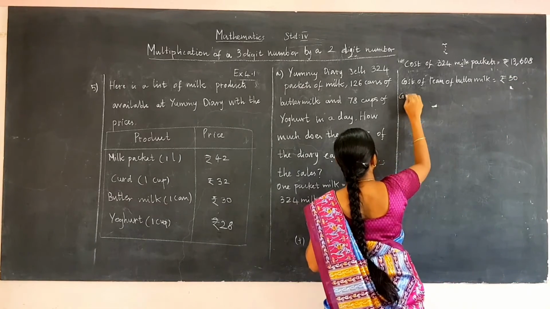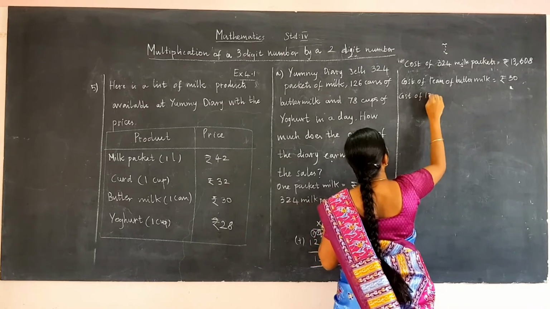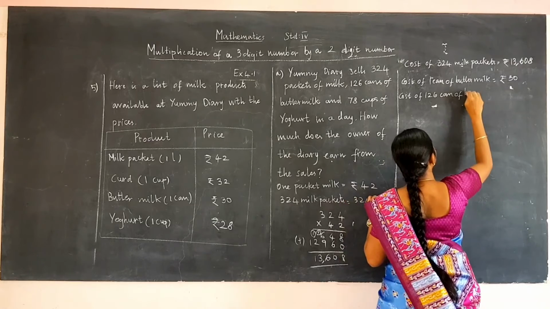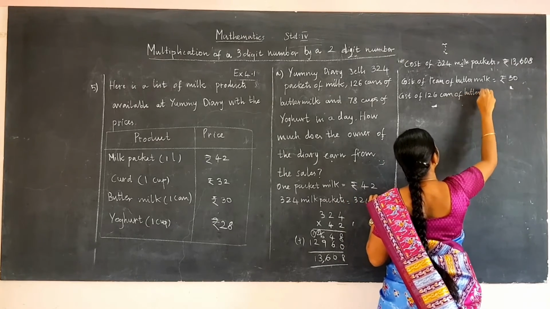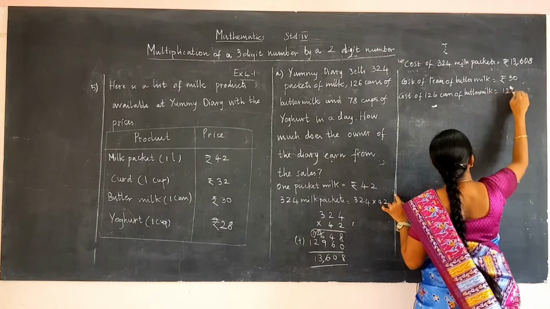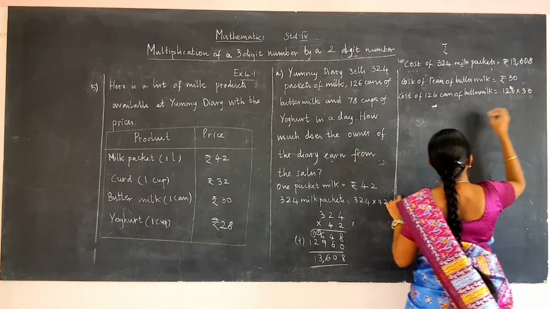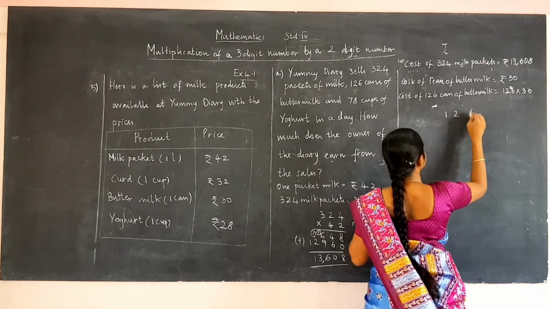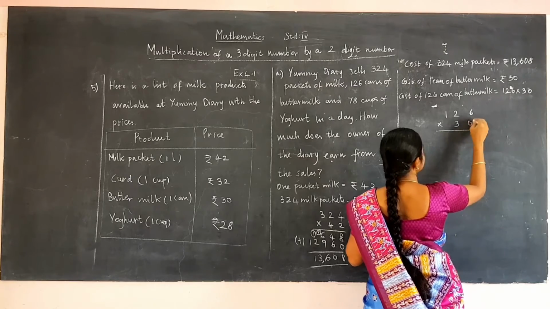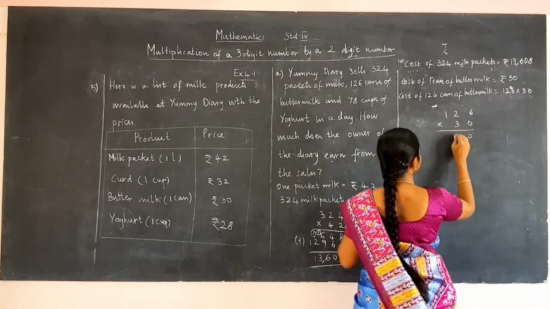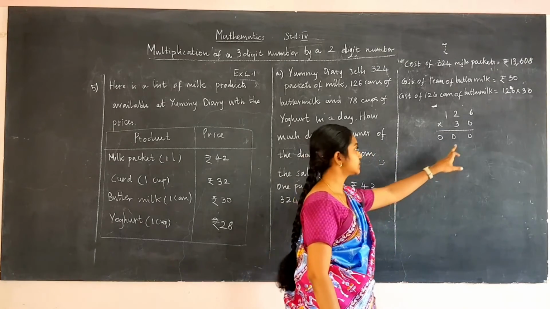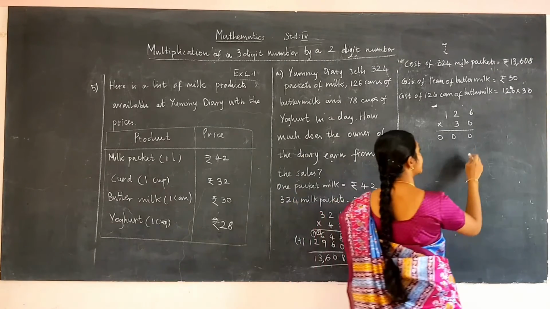Then the cost of 126 cans of buttermilk is 126 into 30. 0 into 6 is 0, 0 into 2 will be 0, 0 into 1 will be 0. We are going to write the second line. So in the first place we have to put a 0.